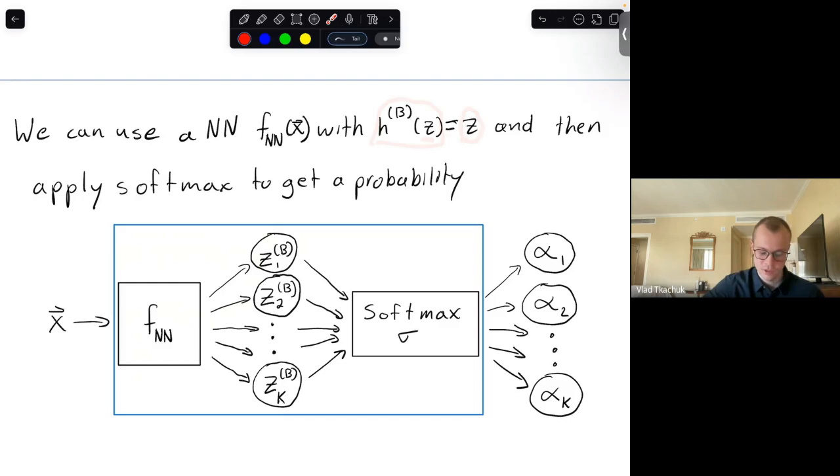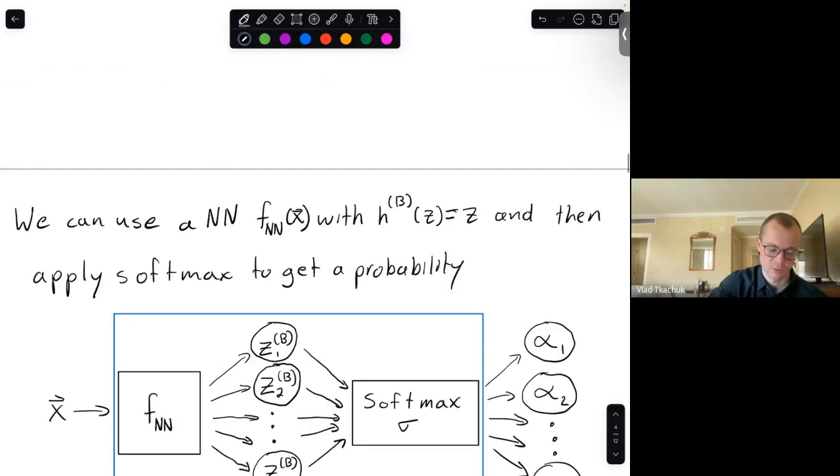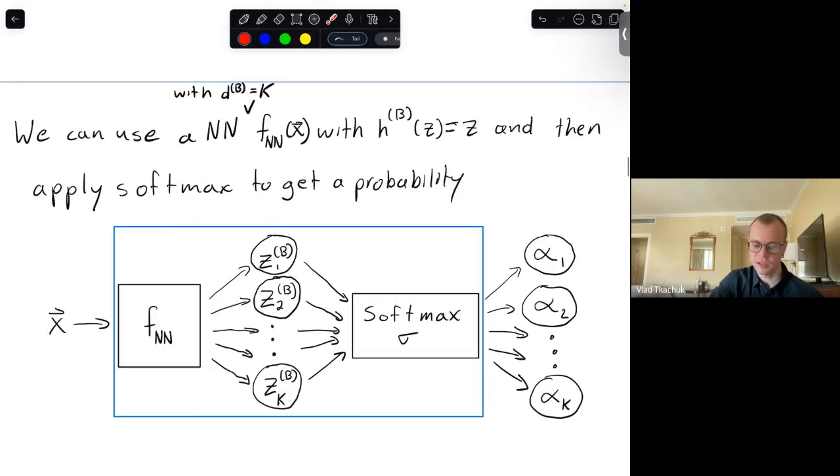The neural network will have k outputs, so the number of neurons at the final layer, capital B, is going to be K. So a neural network with this many neurons at its output and the identity activation function just produces K real numbers.